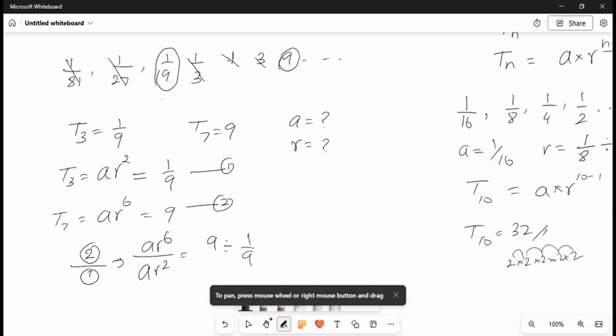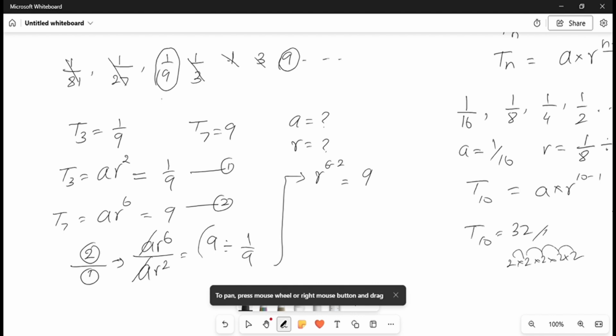Now we can cancel A and A. You know, when we are dividing powered numbers, we have to subtract the index. You know, powers are subtracted. Therefore, I write the balance over here. R to the power 6 divided by R to the power 2 is R to the power 6 minus 2 equal 9.